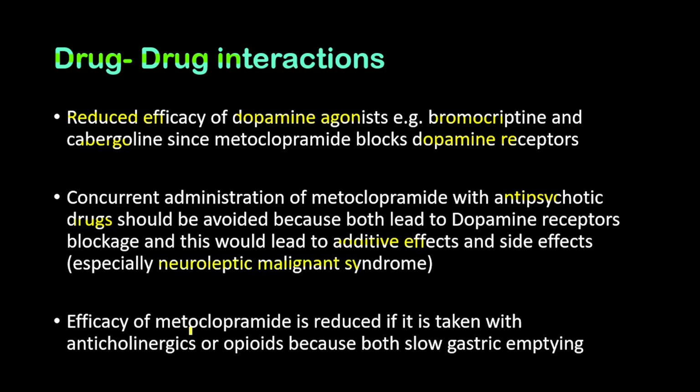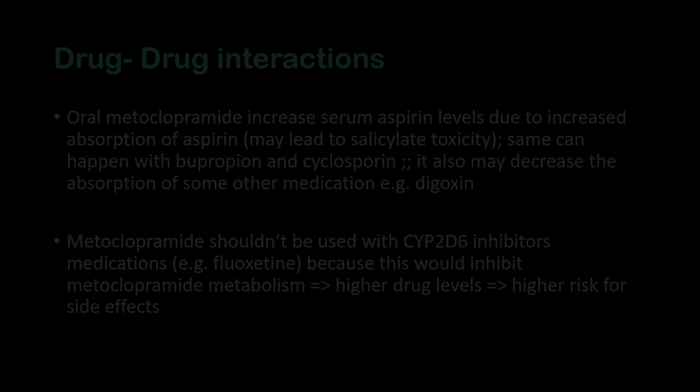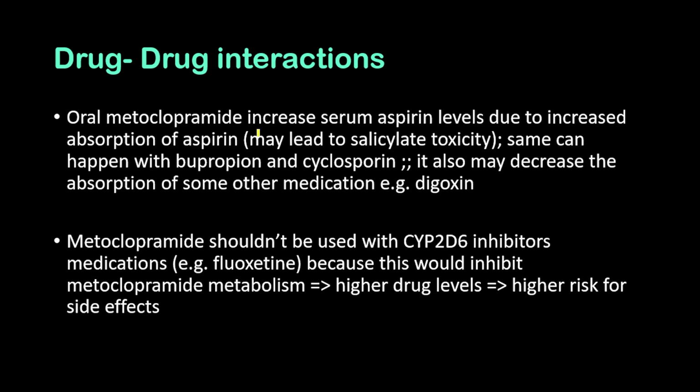Now also the efficacy of the metoclopramide is reduced if it is taken with anticholinergic drugs or opioids, because the anticholinergics and the opioids slow the gastric emptying, while the metoclopramide accelerates the gastric emptying. Now also in the drug-to-drug interactions, the oral metoclopramide increases the serum aspirin levels due to increased absorption of aspirin, and this may lead to salicylate toxicity.